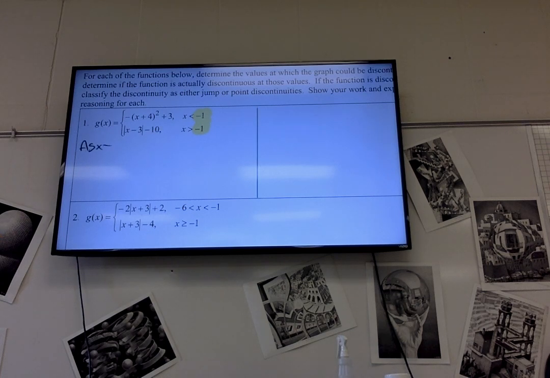As x approaches -1 from the left, g of x approaches which equation? Yeah, the top one, because that's less than -1. So -1 plus 4 squared plus 3 plus -6.